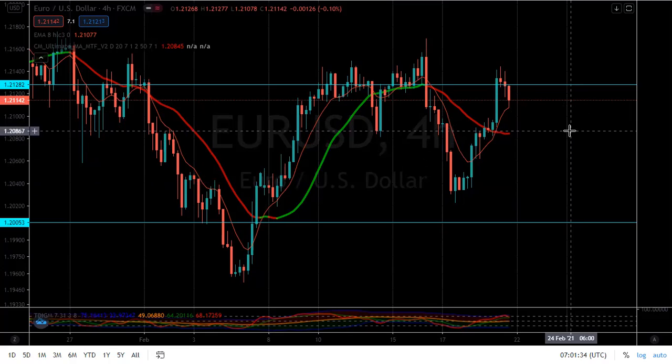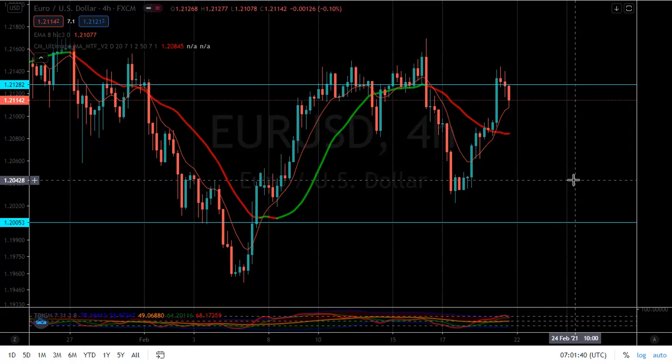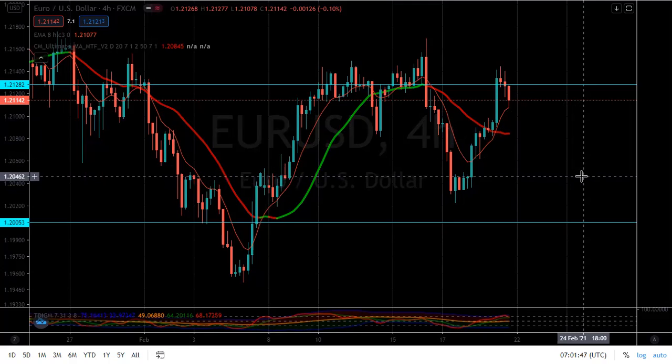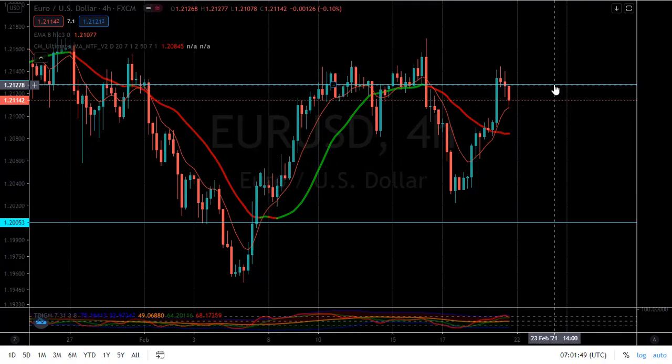So if the way price interacts here, if we don't have any reversals here, our next key level will be here. So based on the 4-hour time frame, I think we'll still see some bit of bearishness and see what price action does around here for us to go back to break these highs here. Not just the highs, but to break the resistance at the 1.2128 area.